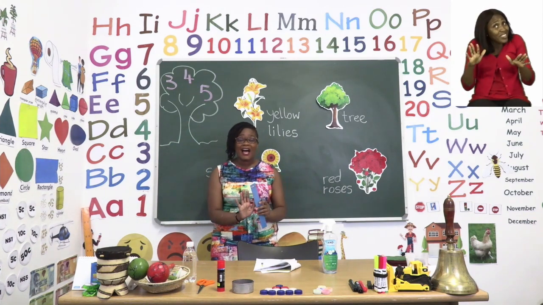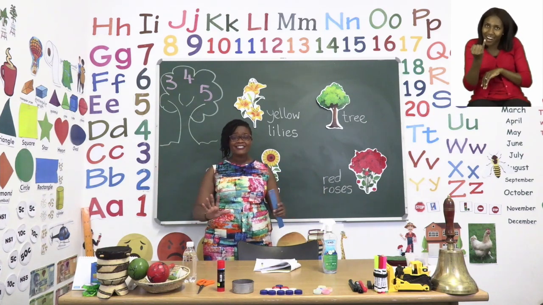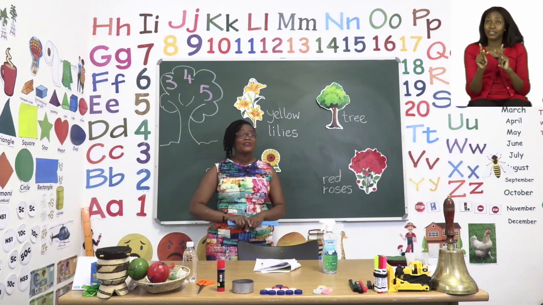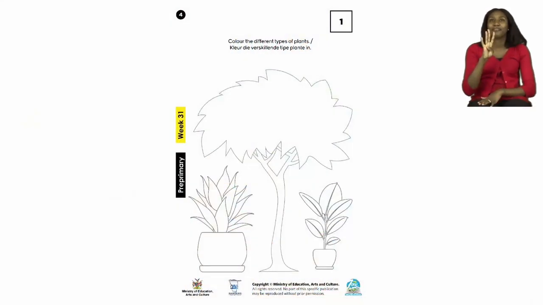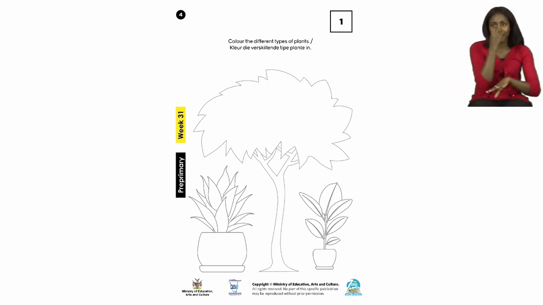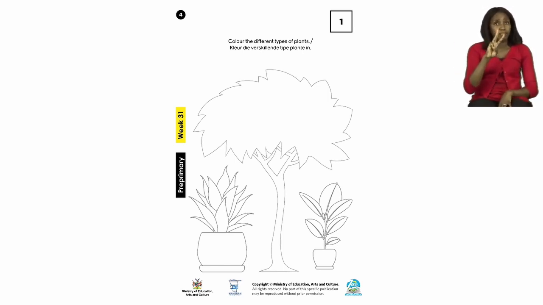I want you to take your time when you're drawing your plant. Try to use the whole page so that there's no space left out. When you're done drawing, you can go to the next page, page 4. On page 4, we are going to be doing some coloring, and it's going to be our job to color all the different types of plants. Now, as you can see, there are 3 of them. Let's count. 1, 2, 3.